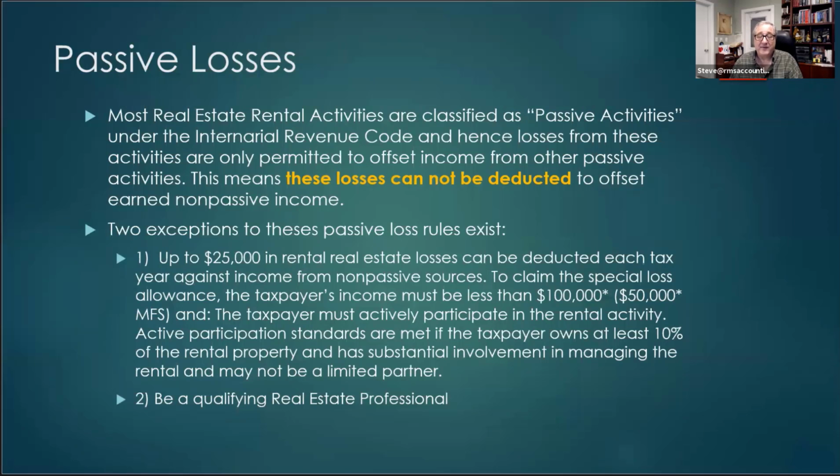If you qualify, if your income qualifies, you have to materially participate. And materially participate means that you have to be involved actively in the management of the property. So you need to keep a log of the amount of time that you spend. You need to be able to show that you didn't just farm out the management to somebody, that you substantially participate in decisions, approve tenants, check on rent being collected.